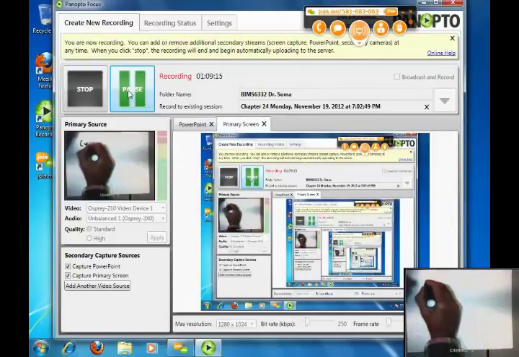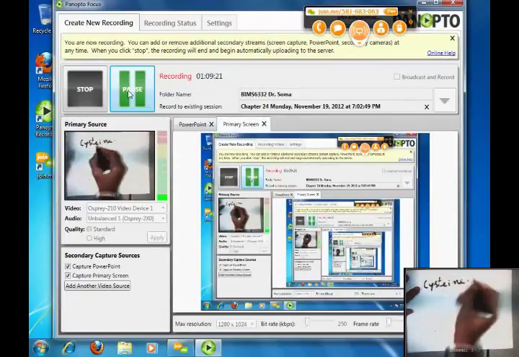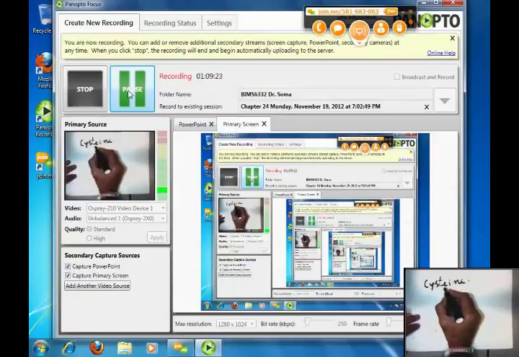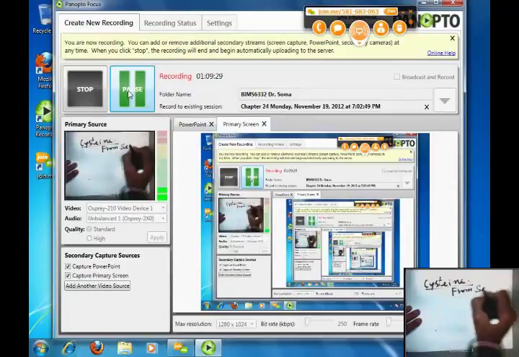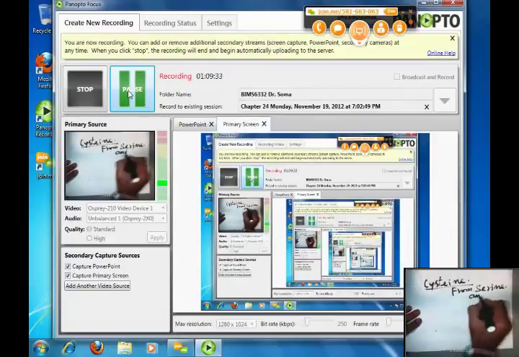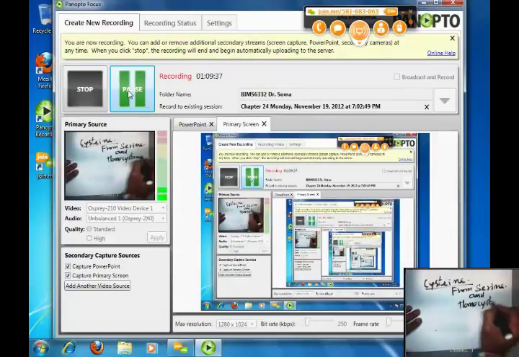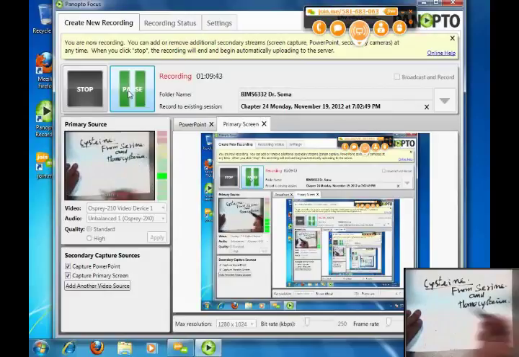Cysteine, C-Y-S-T-E-I-N-E, is synthesized from serine, S-E-R-I-N-E, and homocysteine. The previous one we discussed was methionine to homocysteine.